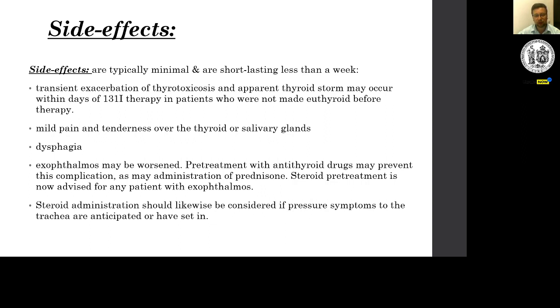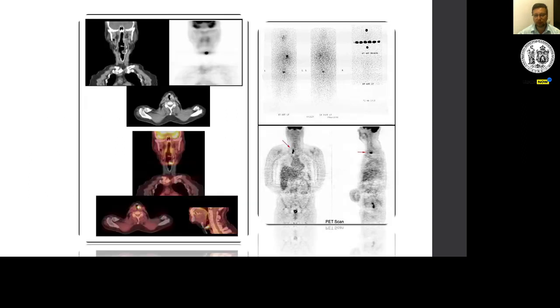Steroid pretreatment is now advised for any patient with exophthalmos. Steroid administration should likewise be considered if pressure syndromes of the trachea are anticipated or have set in.